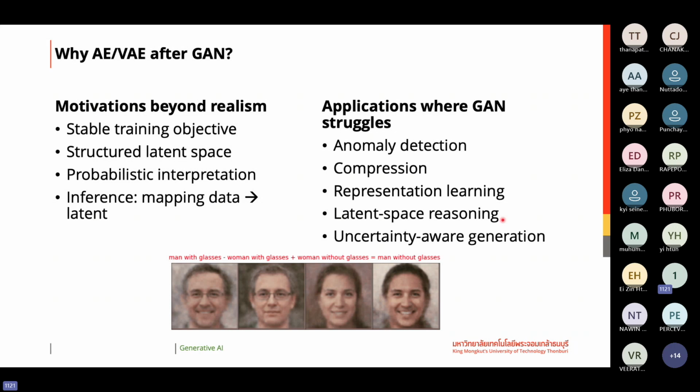It cannot have the latent of the man with glass minus woman with glass, supposed to be woman with glass. And then add woman without glass, you have man without glass. This is from the training result, right? But I suppose I have to train on more data. But yeah, so you can perform this in the latent space and then have the result produced according to that.